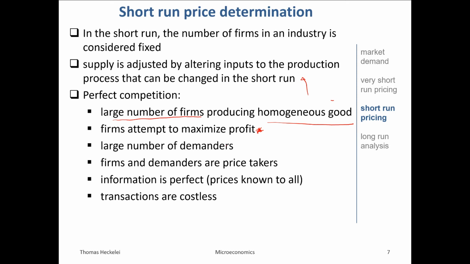Corresponding to the number of suppliers, we also have a large number of demanders. Why not consumers but demanders? Because it could be that the one who wants to buy or hold these goods is not necessarily the final end user or the consumer of the goods.